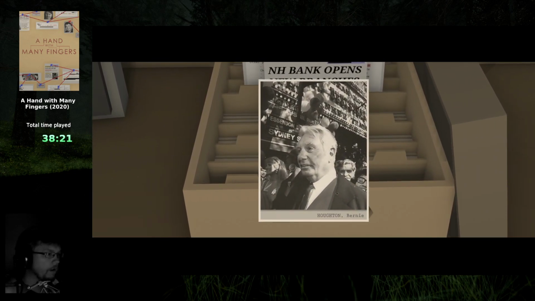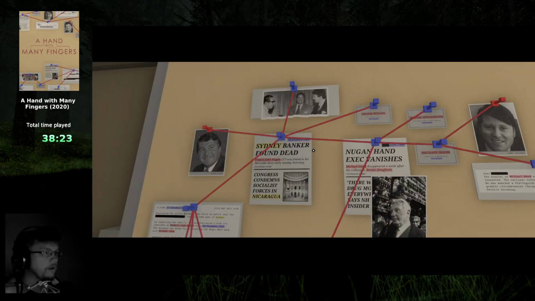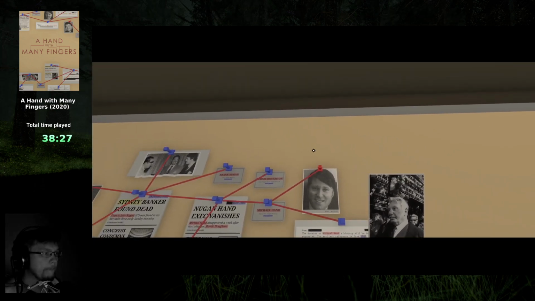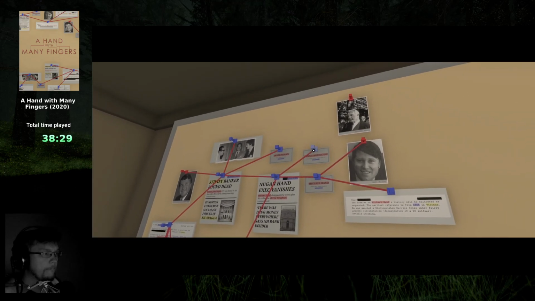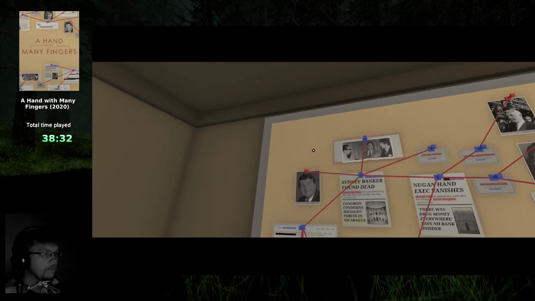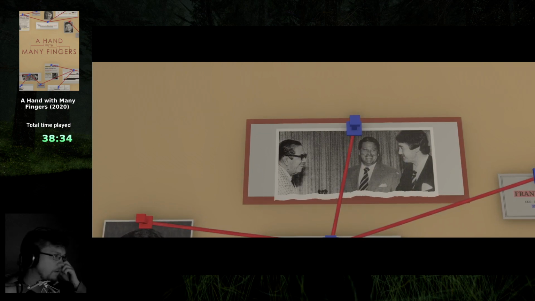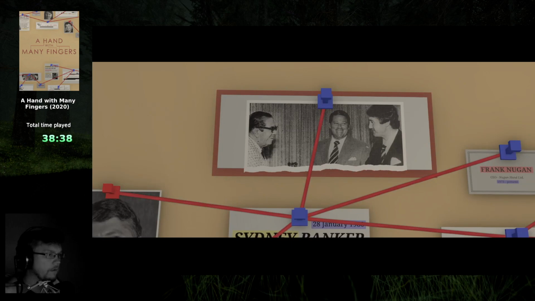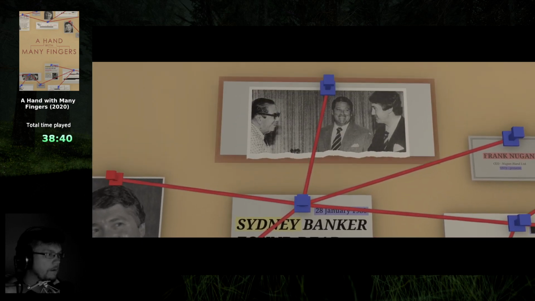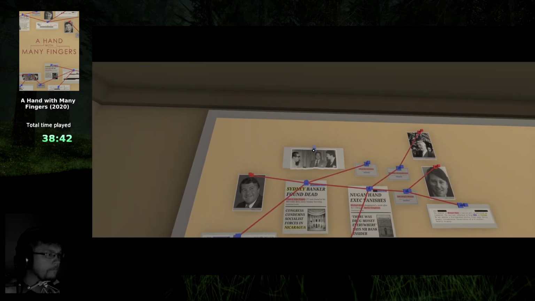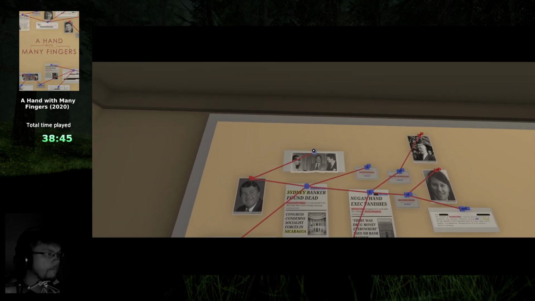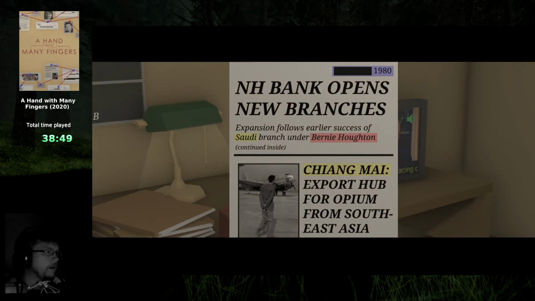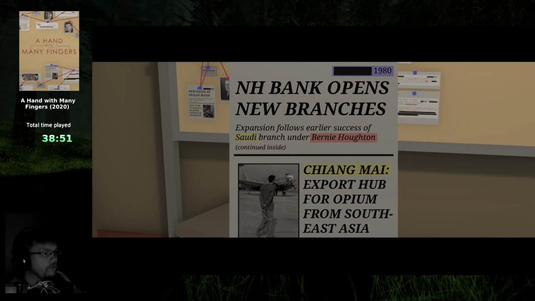What's this? Ethan Bernie. Also not in this picture. Who the hell are these guys? The only one I recognize is Nugan. Nugan Hand Bank opens new branches.